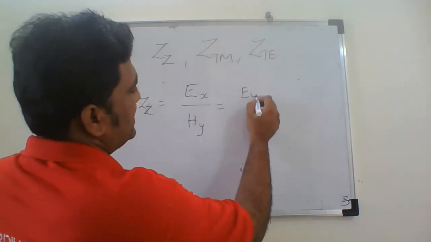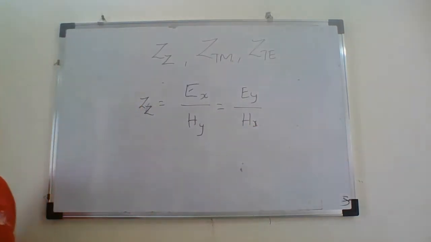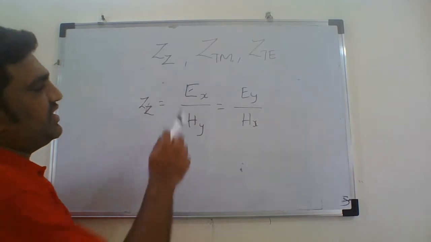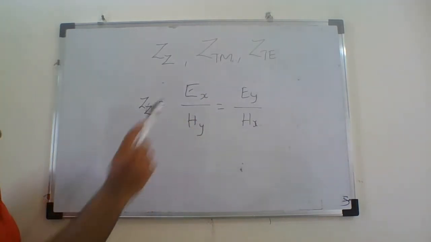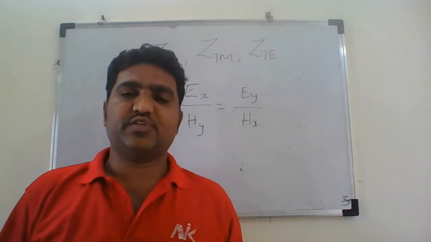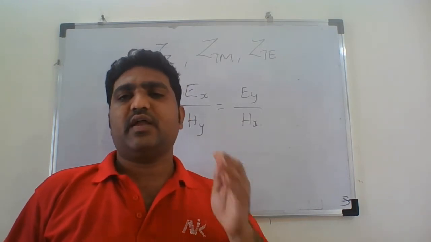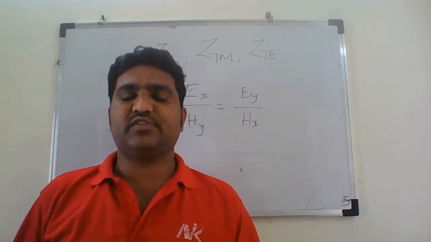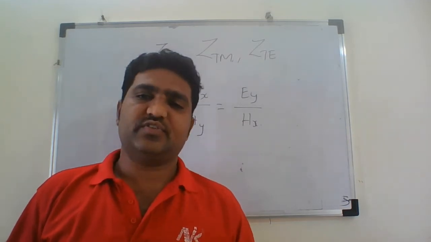So that is the definition of wave impedance: the ratio of electric field strength in one transverse direction to the magnetic field strength in the other transverse direction.